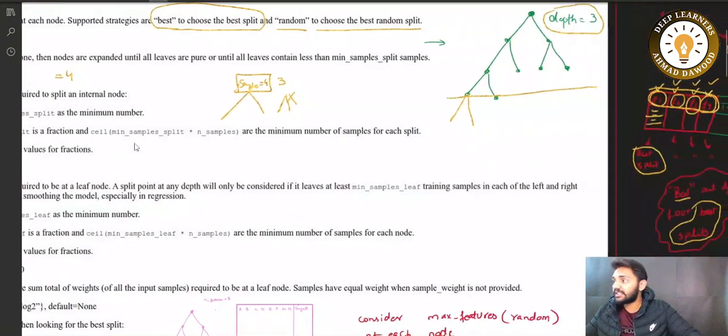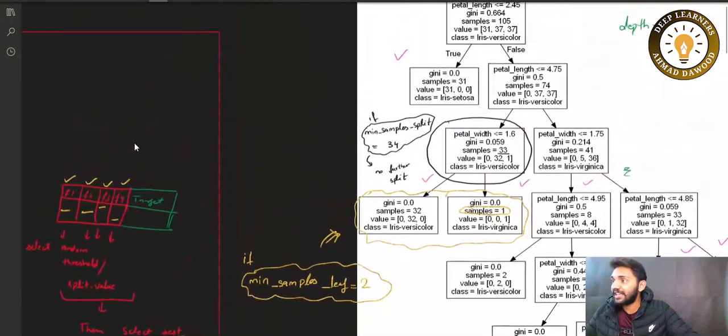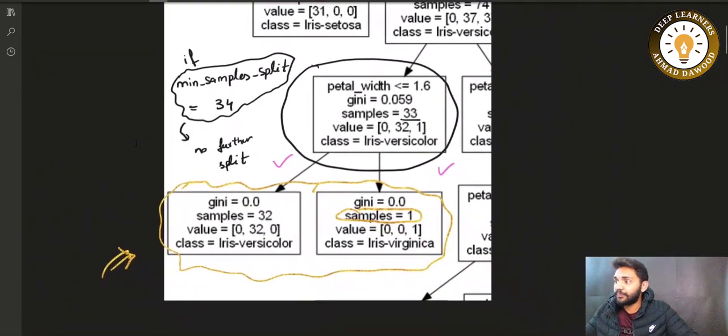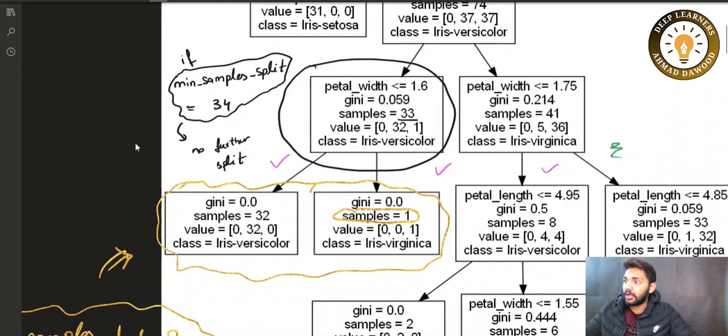Okay, and you can see here, in this case, this particular node on which I have drawn a black circle has 33 samples. Okay, and it is doing further splitting.